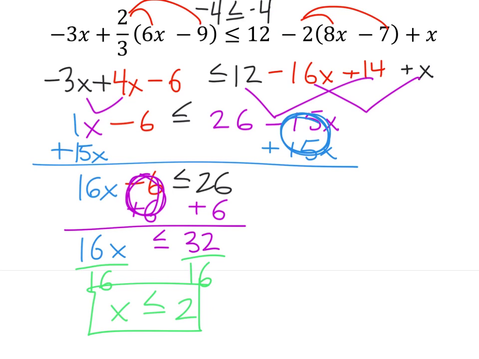Now if I do that, again you can check the previous video for the exact work, but I'd do -3 times 0, which is 0, plus I'd have the 2/3. 6 times 0 is 0, minus 9. So this would simplify to 2/3 times -9, which would give us a -6.